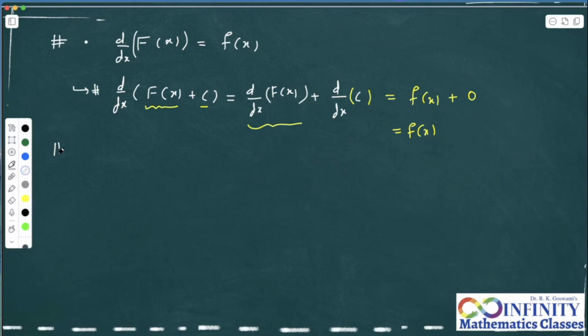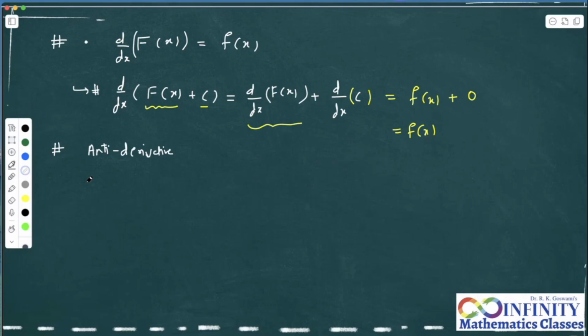Now let us come to the term antiderivative. As you know, we know about derivatives. Antiderivative is basically the inverse or reverse process of differentiation.